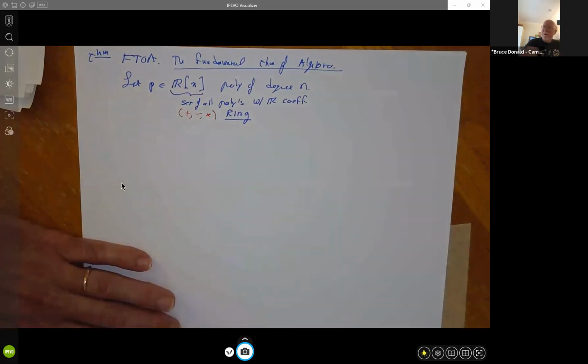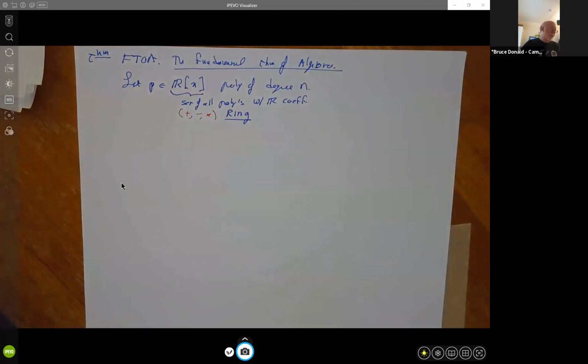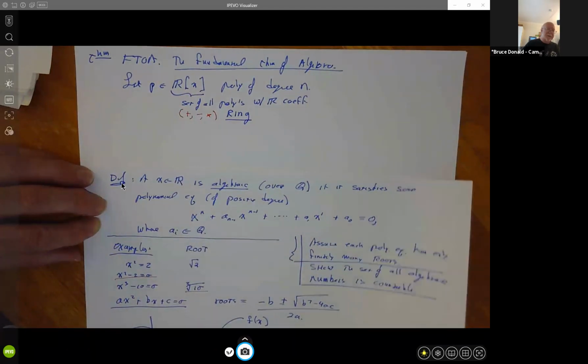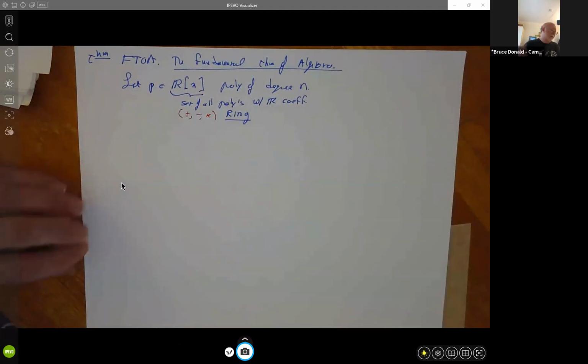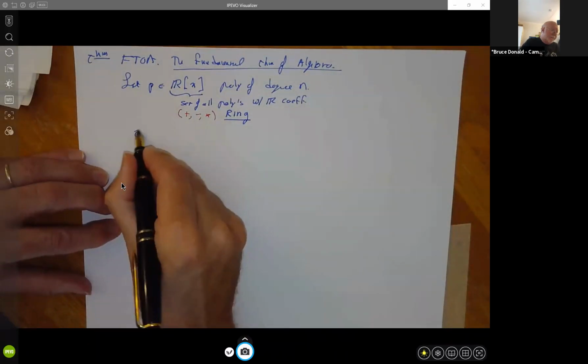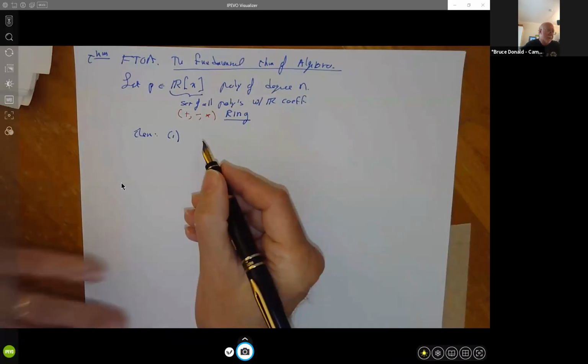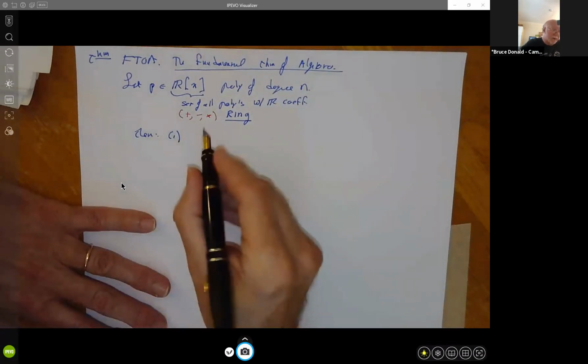So from your point of view, P is just a polynomial of degree n, and it looks exactly like this kind of beast here. I'm allowing it to have real coefficients, but we can specialize to rationals. Then three things are true. One, this polynomial factors completely over the complex numbers.